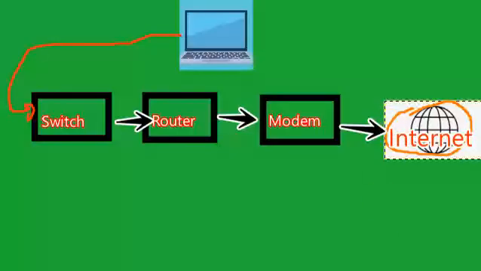So this diagram depicts how a computer in a network, let's say in an office, in a school, connects to the internet. The computer connects to the switch in the network. The switch passes it onto the router. The router passes it on to the modem and then to the internet.